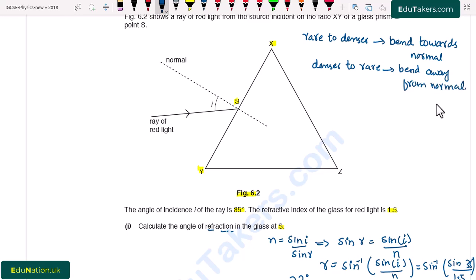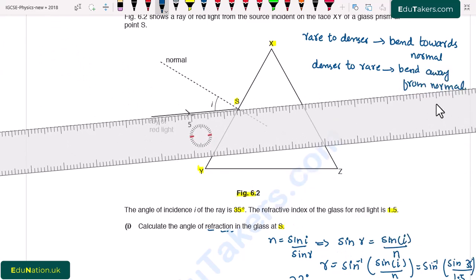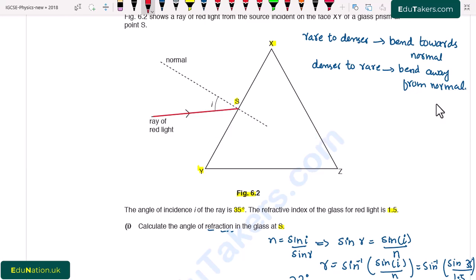So this is a red light that is incident on the XY face. So I will again redraw it. This is a red light. And as it enters a denser medium, this dotted line is actually the normal line. So the red light will bend towards the normal.